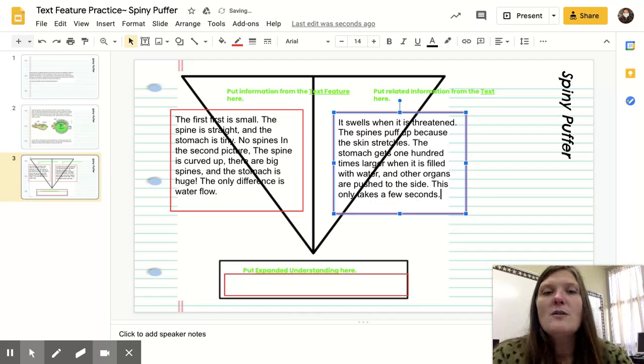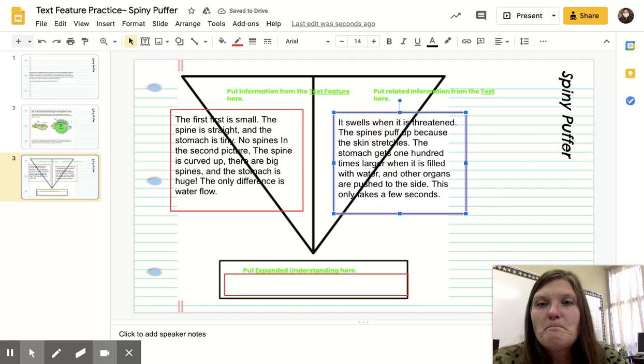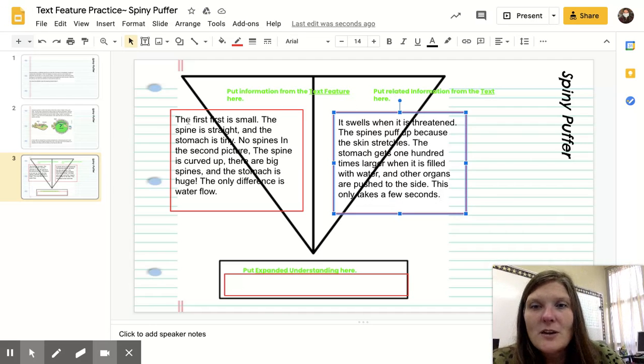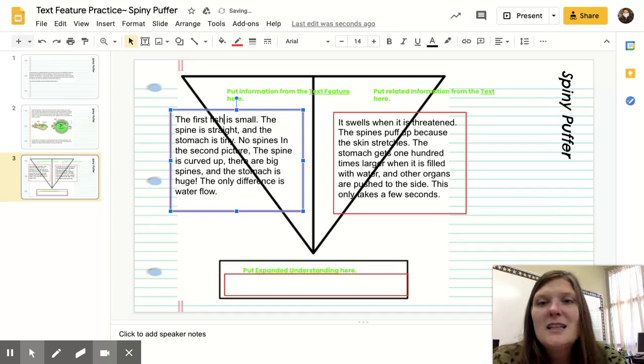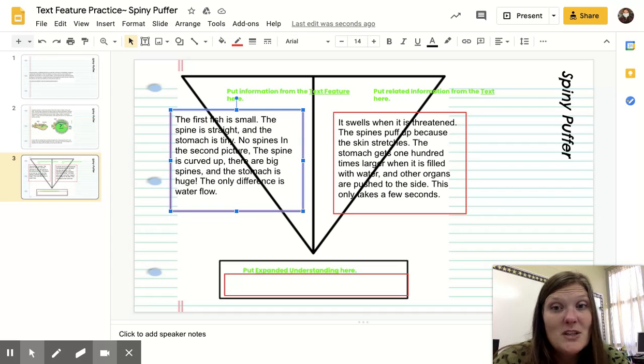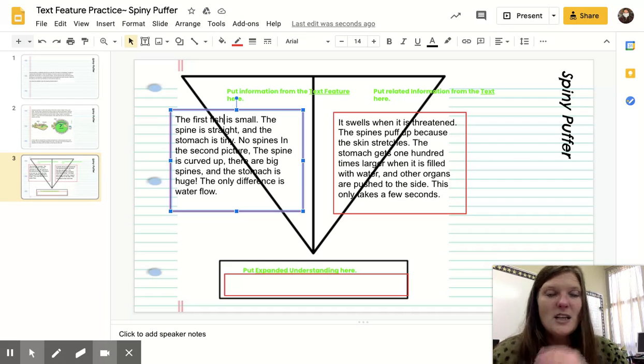Okay, so now I'm going to read through what I wrote here. Look, I said the first. So I'm going to change it to the first fish. Spine is straight, the stomach's tiny. No spines in the second picture. The spine is curved up. Big spines. Okay, so what did I learn about the spiny puffer fish?